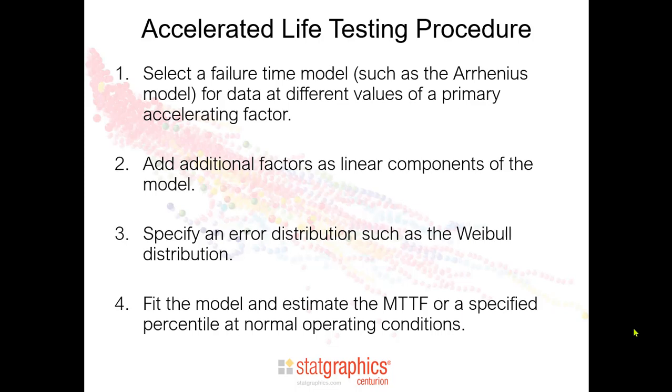The additional factors may be either quantitative or categorical. Thirdly, we'll specify an error distribution, such as the Weibull distribution, to model the failure times at a particular combination of the accelerating factors. Finally, we'll fit the model and estimate the mean time to failure or a specified percentile at normal operating conditions.